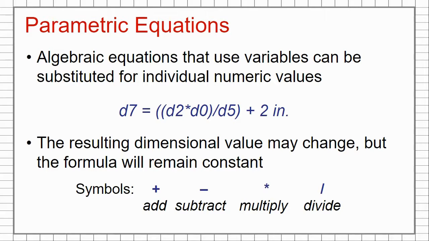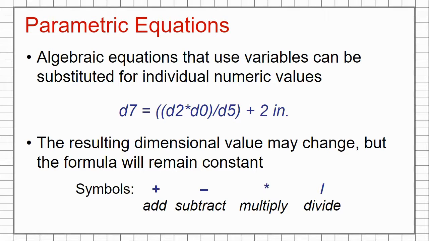So in this example, whatever the value of D7 is, it's more important that it have the correct relationship to the existing dimensions D2, D0, and D5. So instead of typing in a number for D7, the user might have the relationship figured out and expressed in this equation: D2 times D0 divided by D5 plus 2 inches.